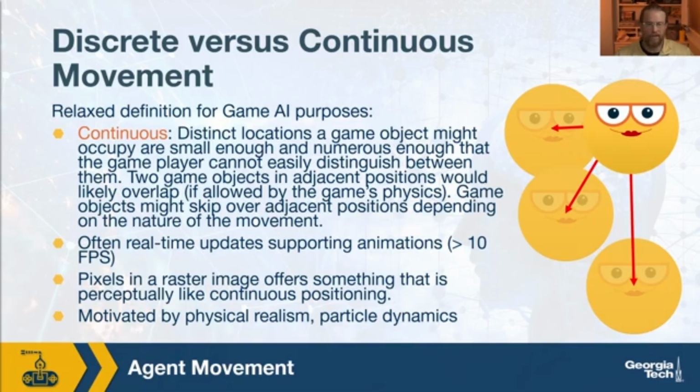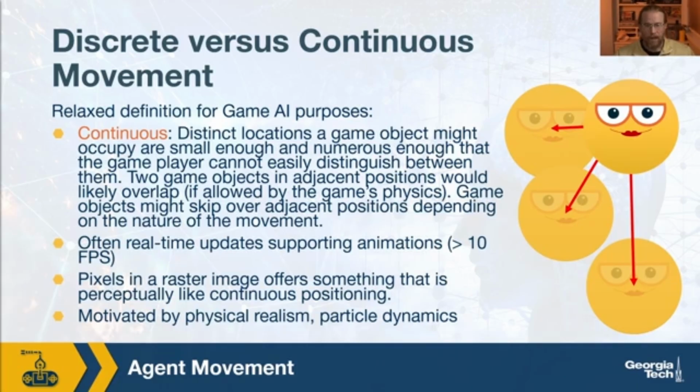So from their perspective, it's the same as moving an object around in the real world. You can't really precisely say where something is. I mean, you can measure it with a ruler or tape measure, but there's always going to be some uncertainty in the placement of the object.